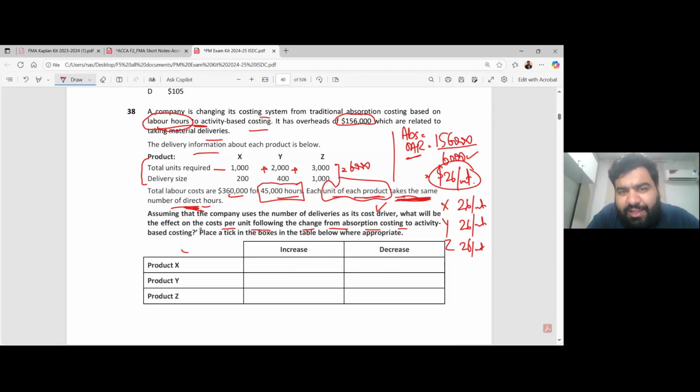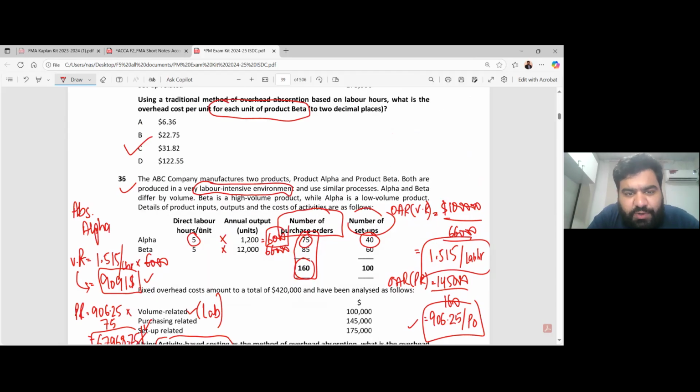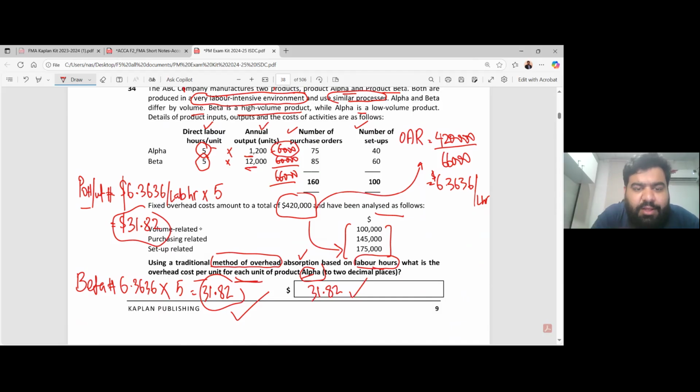Just like in the question we did earlier, their labor hours were the same, 5 and 5. So the production overhead per unit was 31.82 and 31.82. I told you in that scenario that if labor hours are the same, the production overhead per unit will be the same.